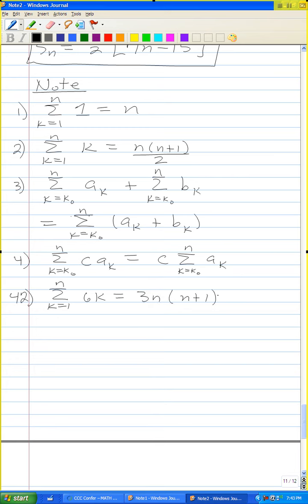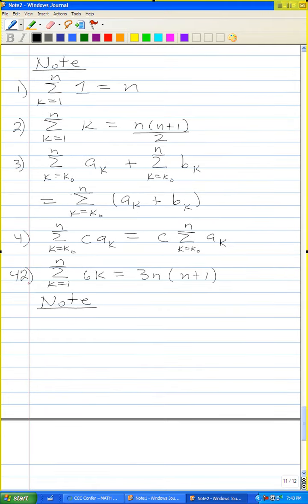So it says use mathematical induction to prove the following. So let me first note that if I use the properties above, I could actually prove it. But they don't want me to do that. But let me just show you this first and then prove it by mathematical induction.